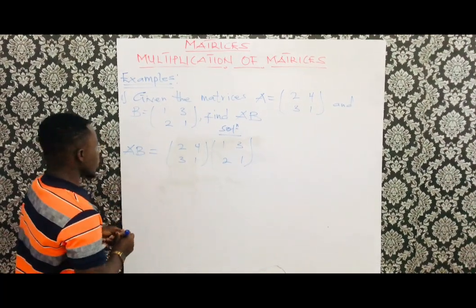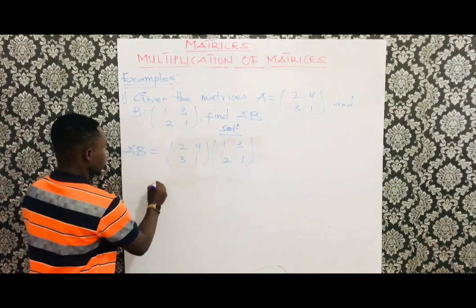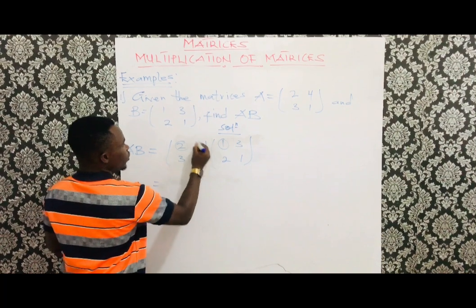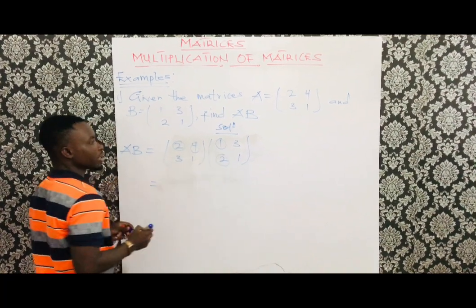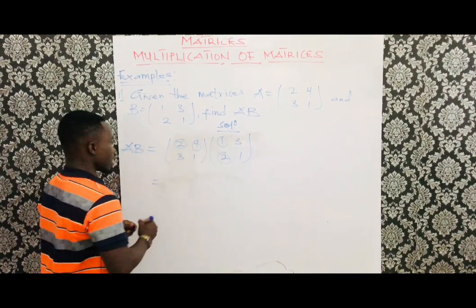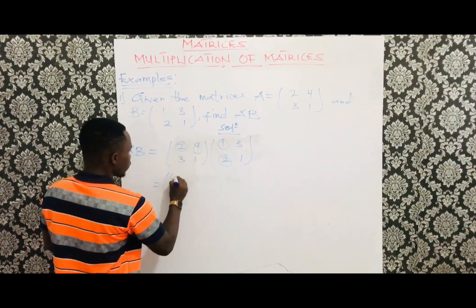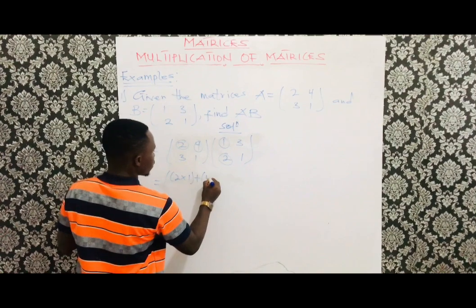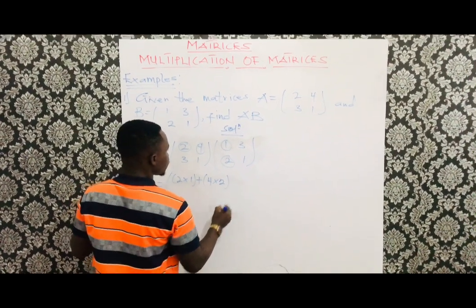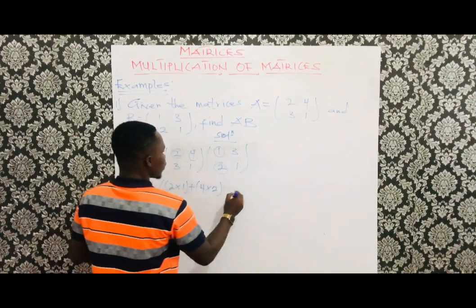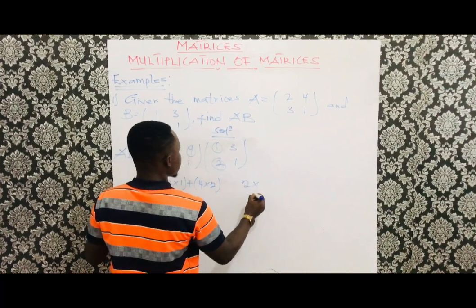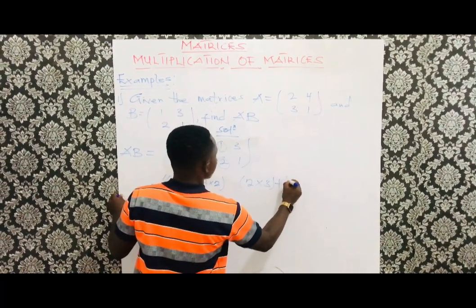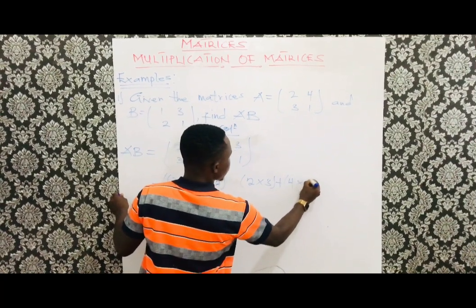So to find the product of AB, 2 will multiply 1 and 4 will multiply 2. Then we add their product together. So we have 2 times 1 plus 4 times 2. And we also have 2 times 3 plus 4 times 1.